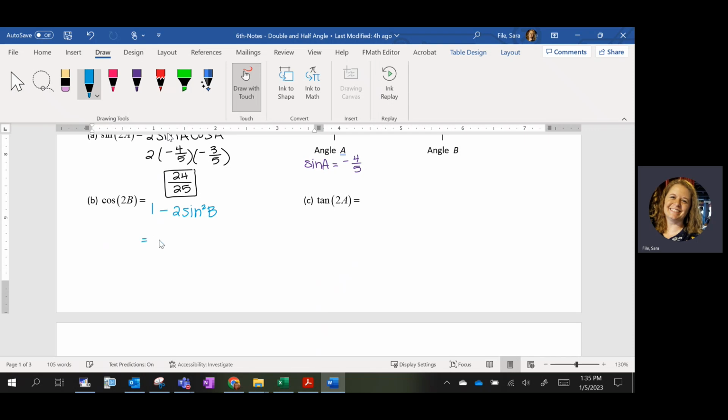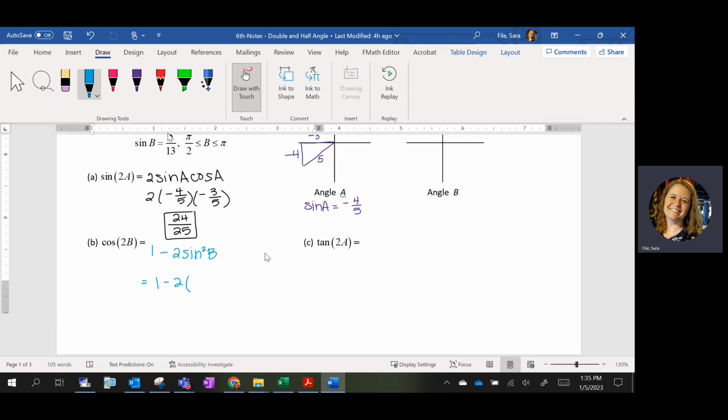Okay, and then I know sine of angle B, scroll up a little so I can see it again, is 5/13. And then that needs to be squared. The sine of B is squared. So now I just need to evaluate. You square fractions, you square the numerator and denominator. So that's going to be 25/169. 25, so 50/169.